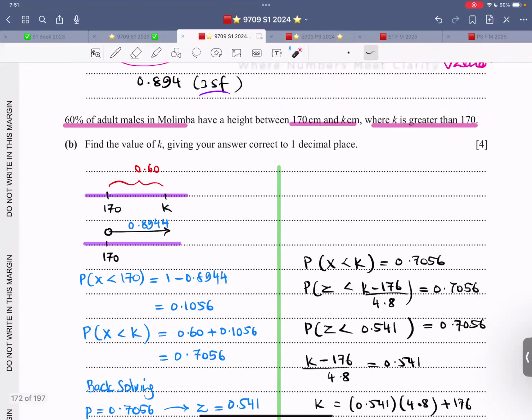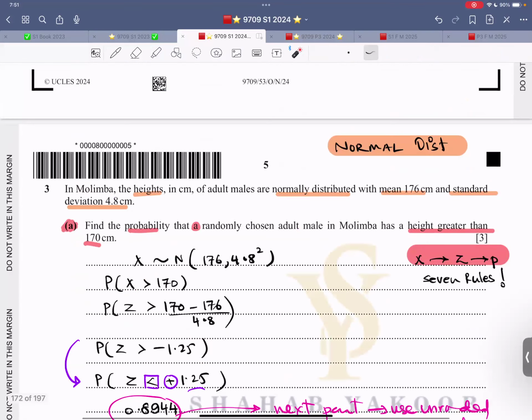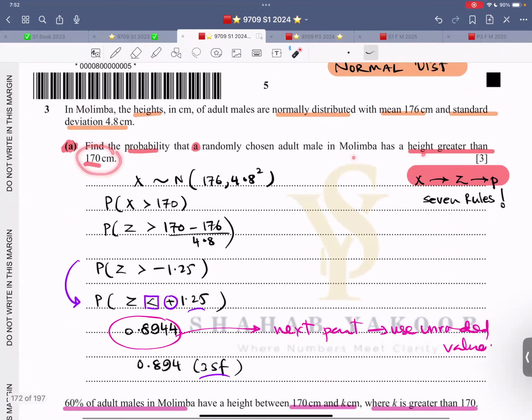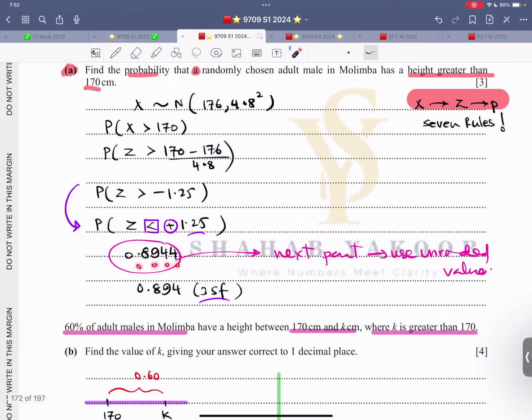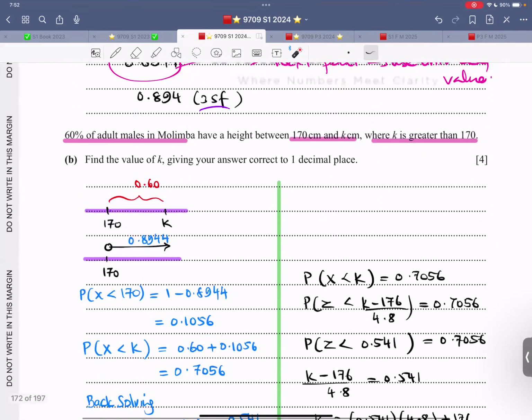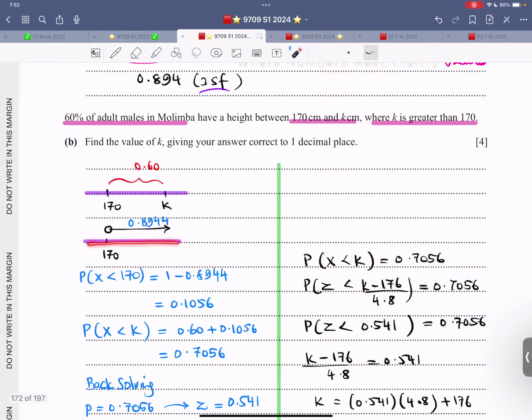That means 60% lies between 170 and K. And this 170 is the same number that we have over here. Height greater than 170 is 0.8944, almost 90%. And the other piece of knowledge that I have from the first part is that greater than 170 is 0.8944, so that means lesser than 170 is 0.1056, approximately 10%.